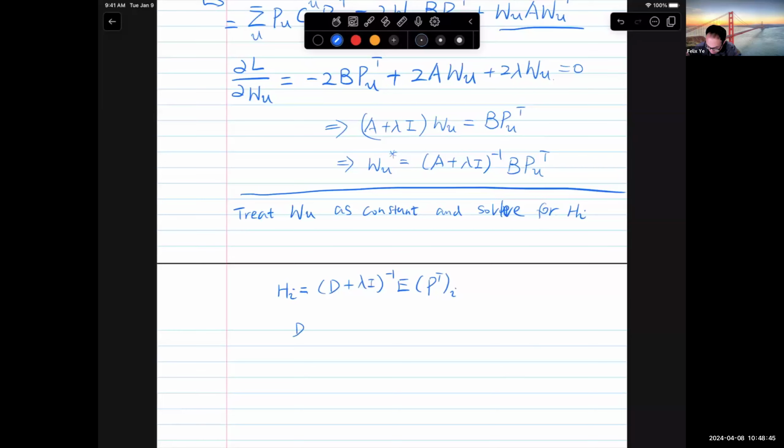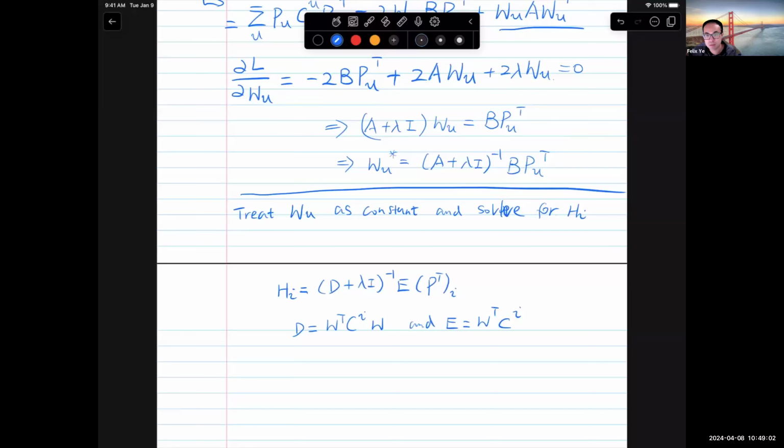So this D right here, we can do similarly: W transpose CI W. And the E is W transpose CI.